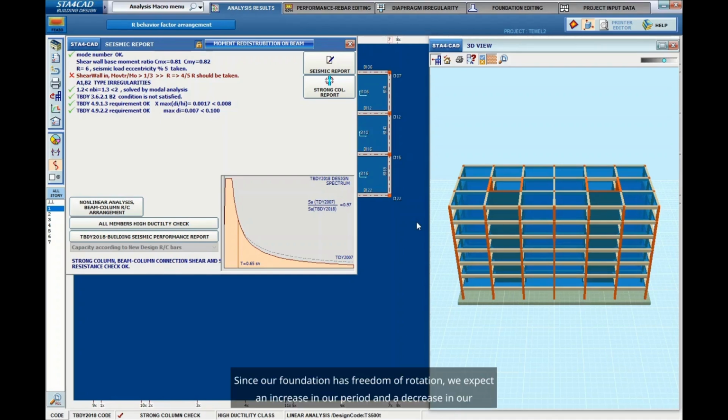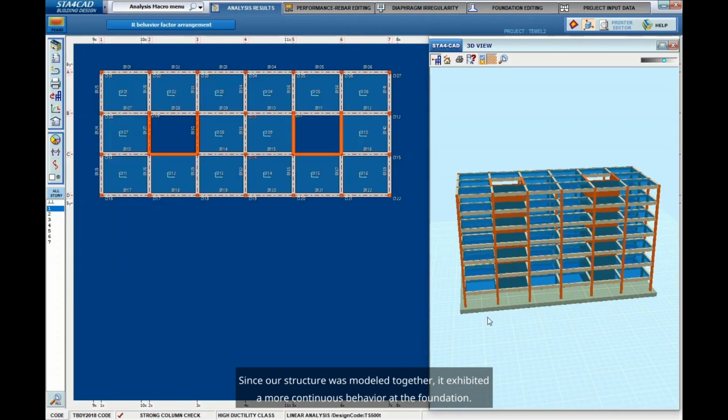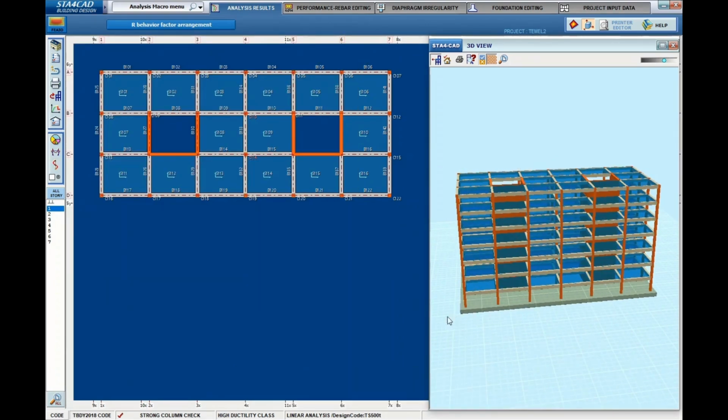Since our foundation has freedom of rotation, we expect an increase in our period and a decrease in our moments at the base of the shear wall. So, what is the reason for the increase in our period? Since our structure was modeled together, it exhibited a more continuous behavior at the foundation.